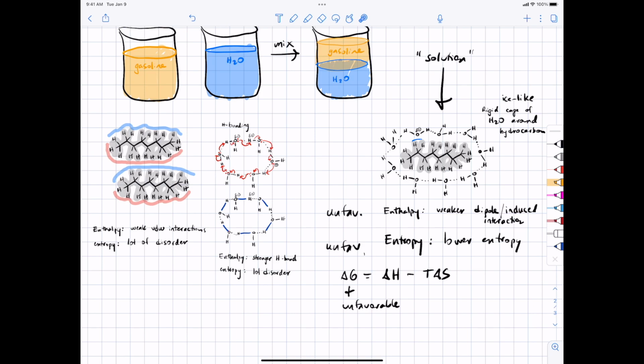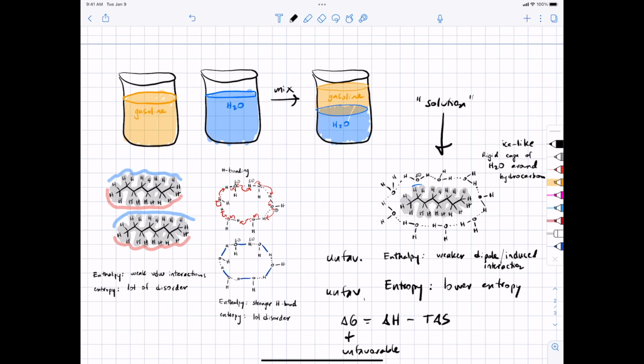Why am I spending so much time talking about oil and water? Well, this is the basis of something called the hydrophobic effect. And the hydrophobic effect, hydro meaning water, phobic meaning afraid. Oil doesn't like to interact with water. Oil or hydrocarbons are hydrophobic.